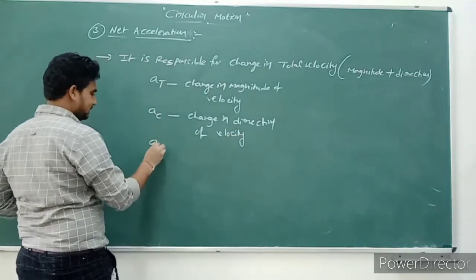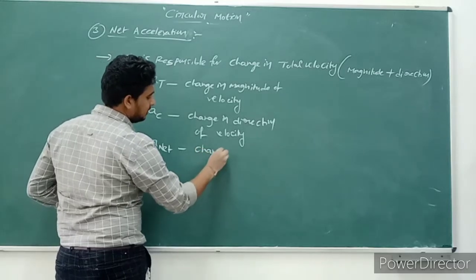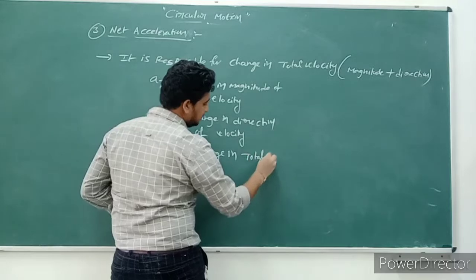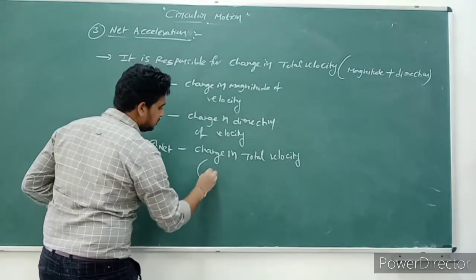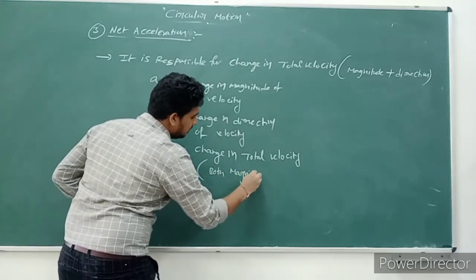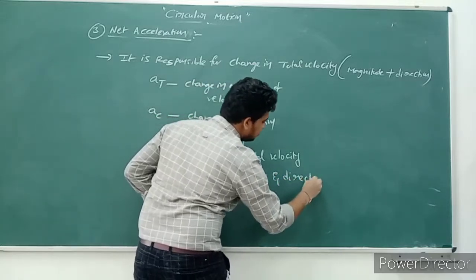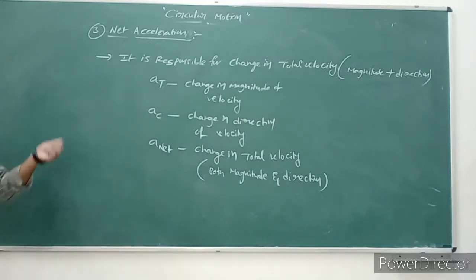But A net is responsible for changing the total velocity, both magnitude and direction. This is very important.